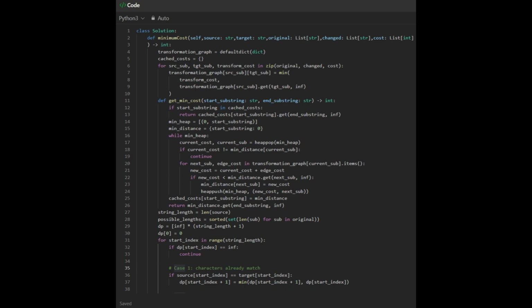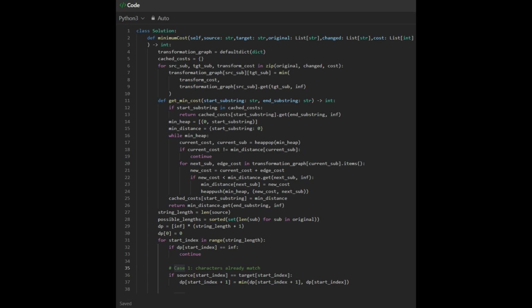Step 2. Graph construction. First, we treat each transformation rule like a graph edge. Each original of i to changed of i is an edge. The cost is cost of i. If multiple edges exist between the same substrings, we keep the minimum cost. This gives us a directed weighted graph of substrings. Step 3. Shortest path, Dijkstra.